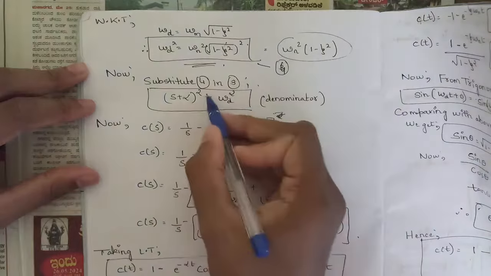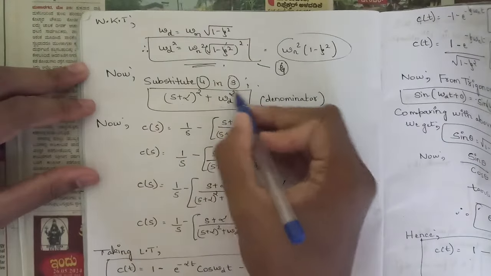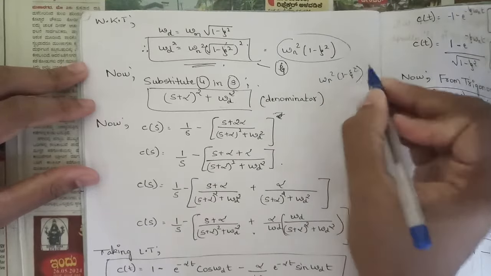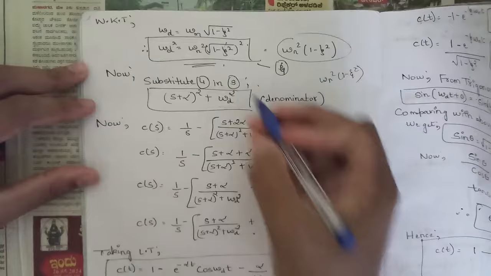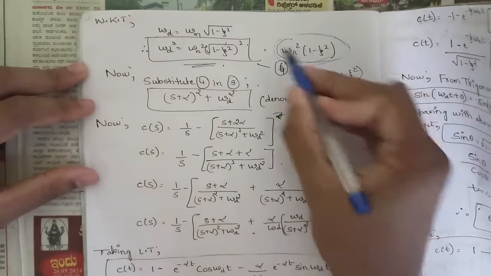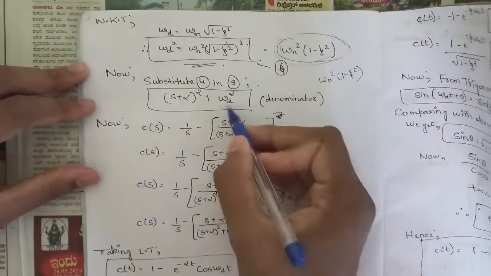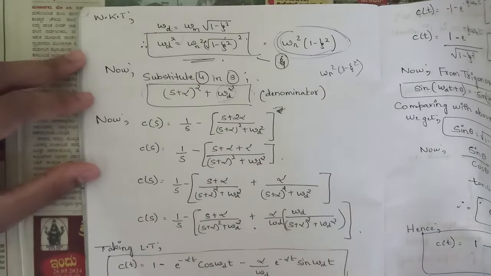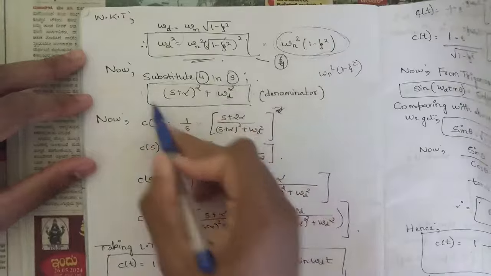Initially in equation 3 we had omega n square into 1 minus zeta square, but with this calculation, it is equal to omega d square. So replace omega n square into 1 minus zeta square with omega d square. This is the simplified expression of the denominator where we started from the completing square method. So this is our required denominator now.